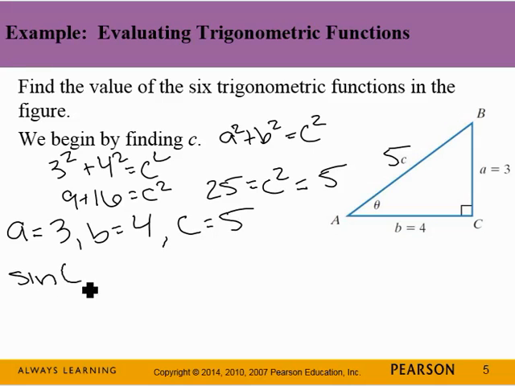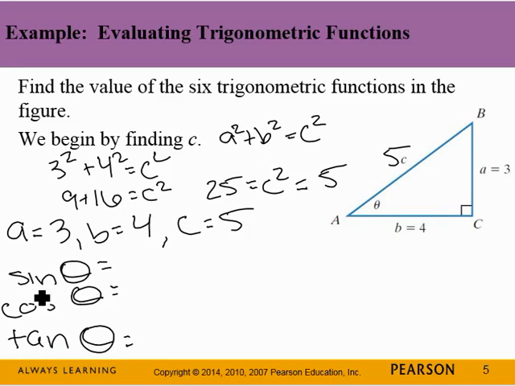So sine of theta, cosine theta, and tangent theta. Sine of theta is your opposite side, so your A, over your hypotenuse, which is C. So 3 over 5. Cosine is your adjacent, so B over your hypotenuse, so 4 over 5.